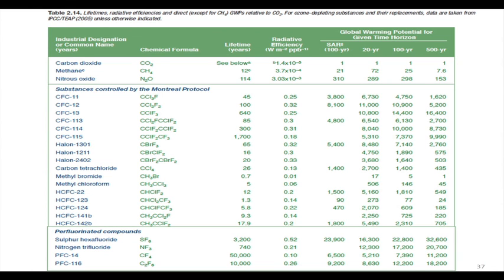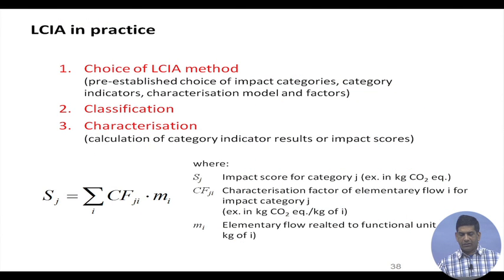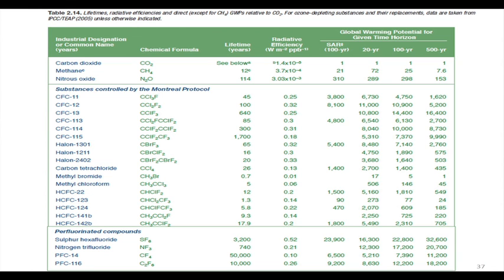With that, we'll close this module, and then we will start looking at LCIA, how life cycle impact assessment is done. We kind of started looking at that, but we'll do some practical examples of impact assessment in the next module. So if you think about it so far, we started with the LCA methodology, part of which we covered in week 4, and now in week 5 we are looking at the rest.